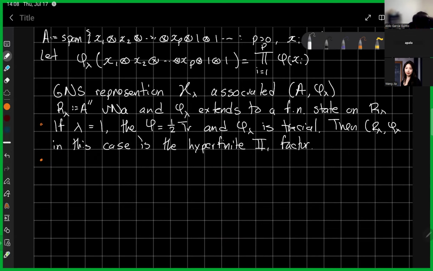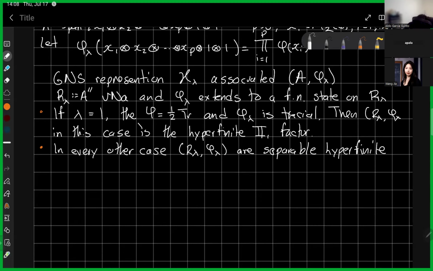In every other case, R_lambda is separable and hyperfinite, or it's also called injective.